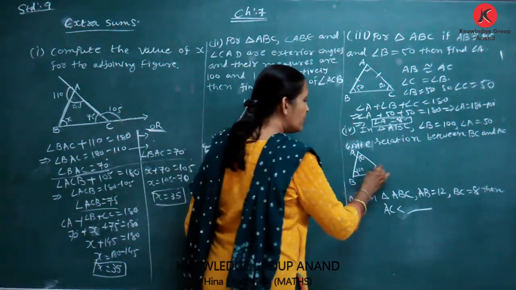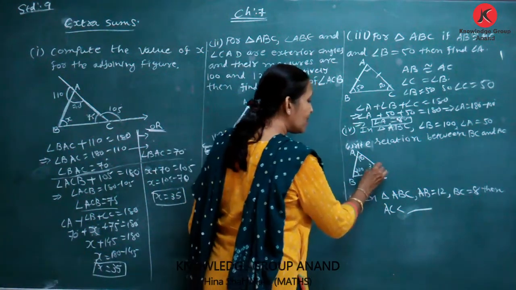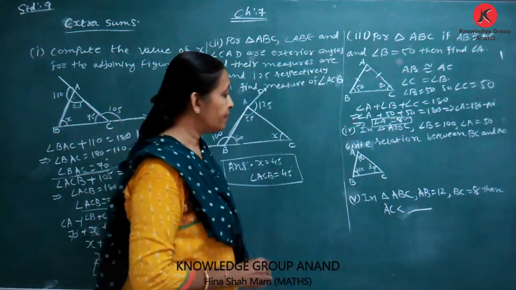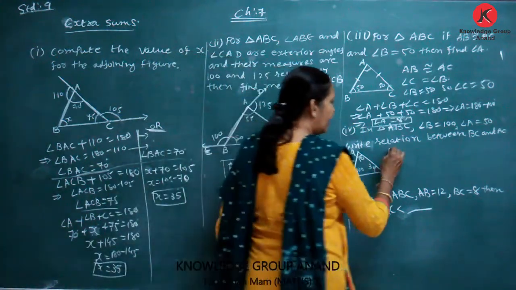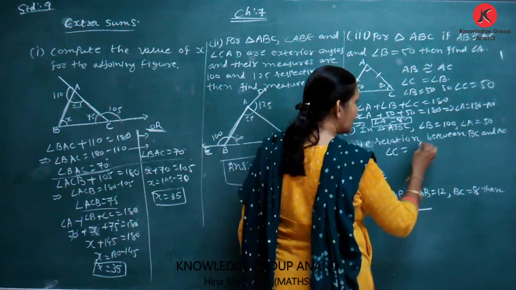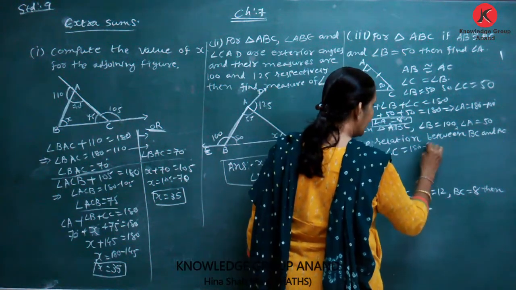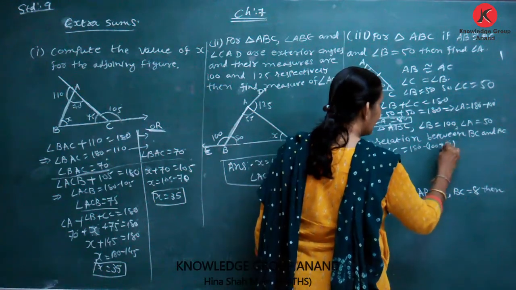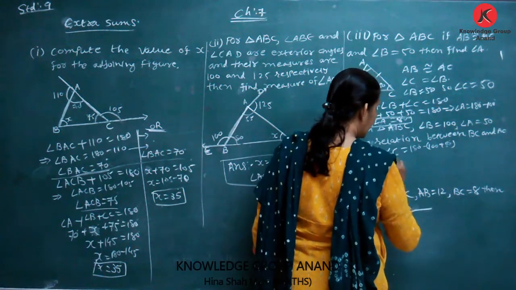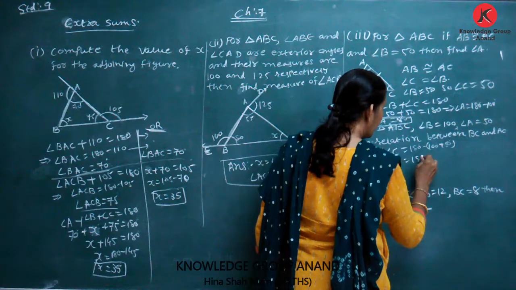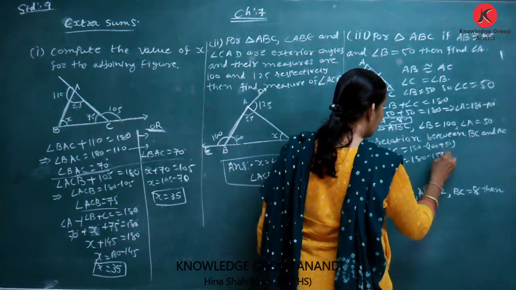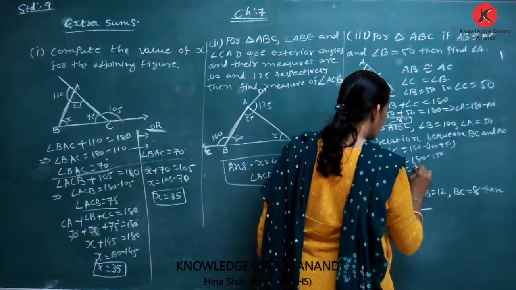Angle C is equal to 180 minus 100 plus 50, so angle C is equal to 180 minus 150, angle C is equal to 30.